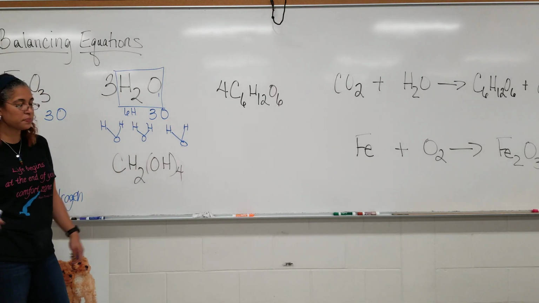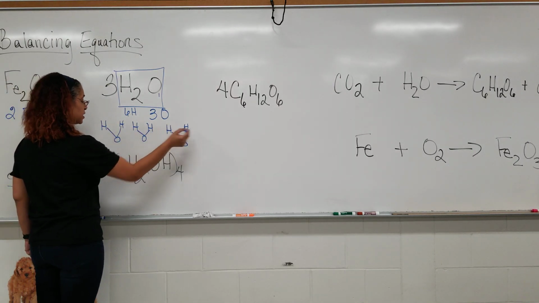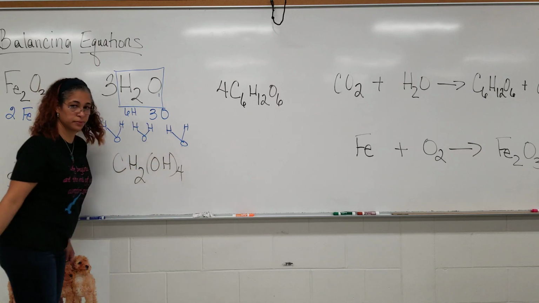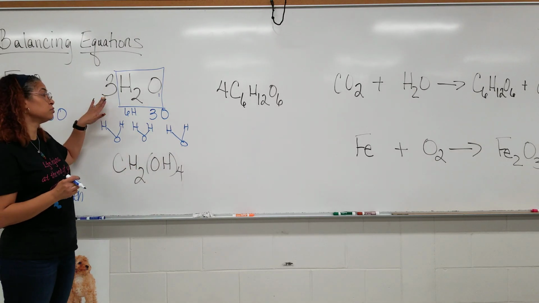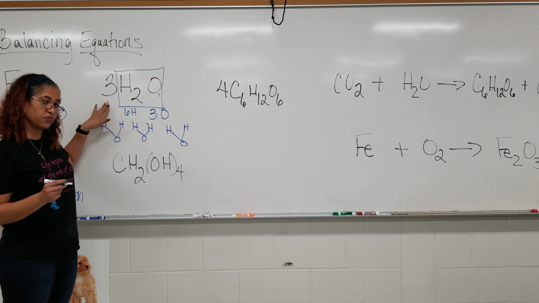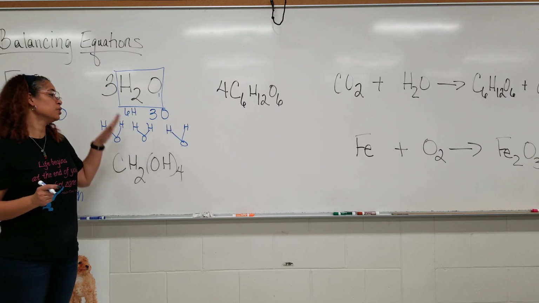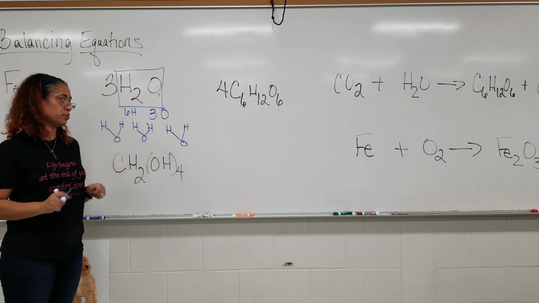They look like a chevron. Okay? 1, 2, 3, 4, 5, 6. 1, 2, 3. Okay? So in front of a molecule, which is where you would normally see a coefficient placed, it will tell you how many of the entire molecule you have.